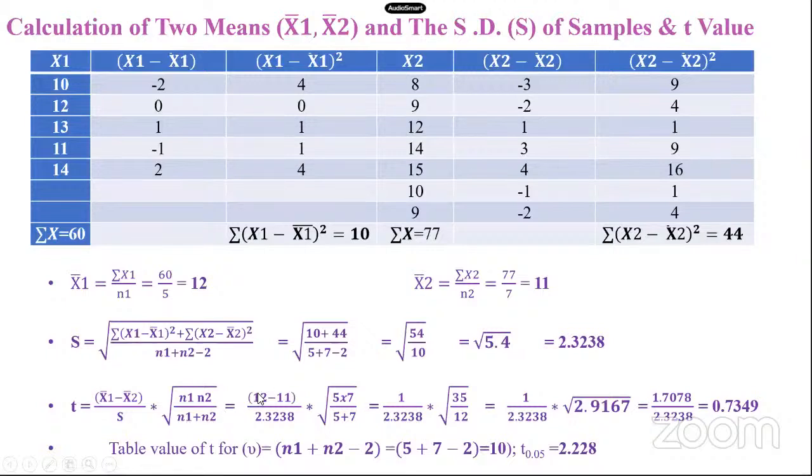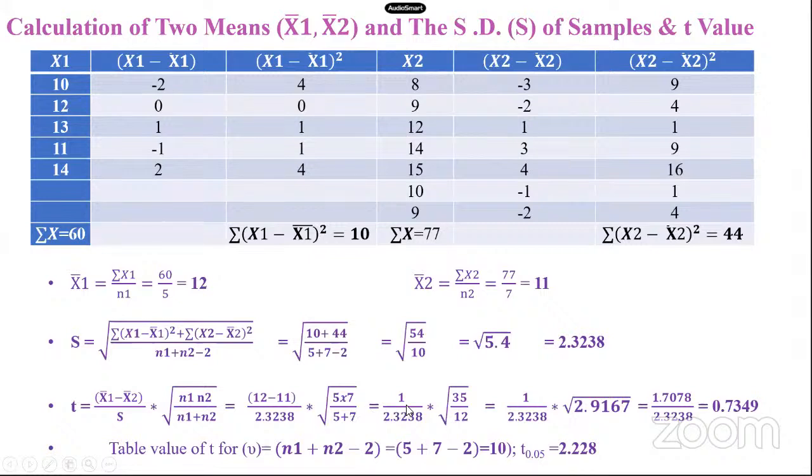So the mean of the first sample is 12, the mean of the second sample is 11, divided by the standard deviation 2.3238 into root of n1 into n2, that is 5 into 7, divided by the addition of these two, 5 plus 7.